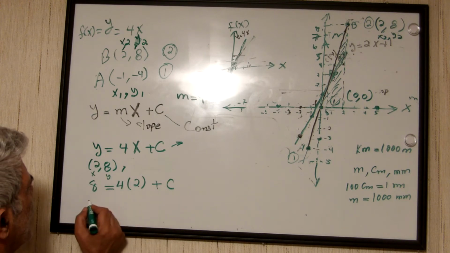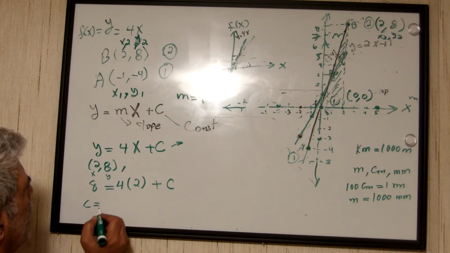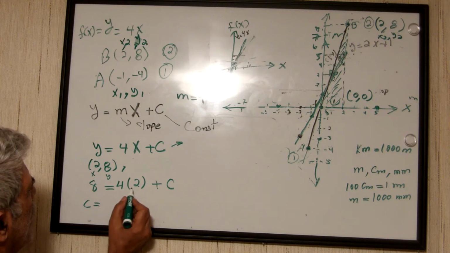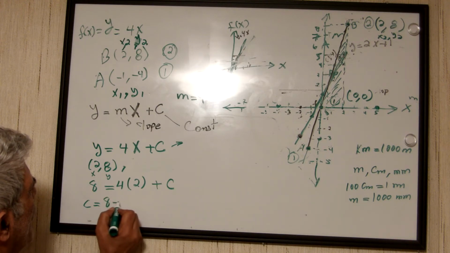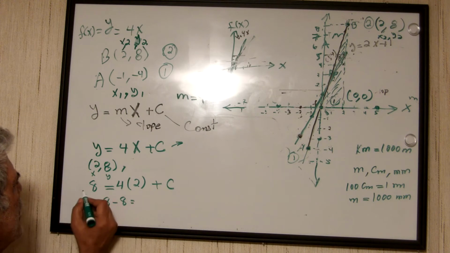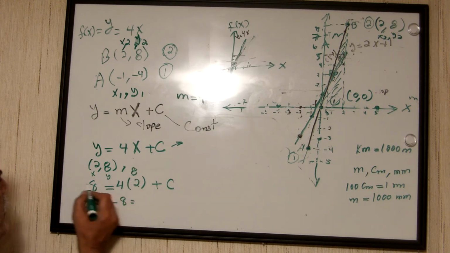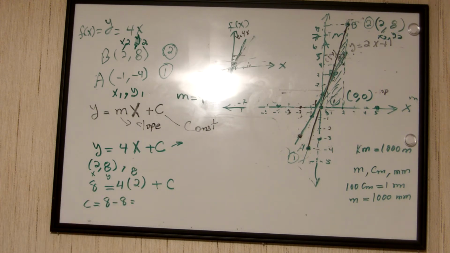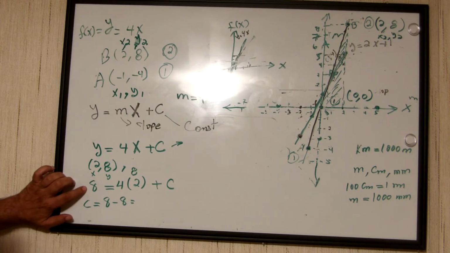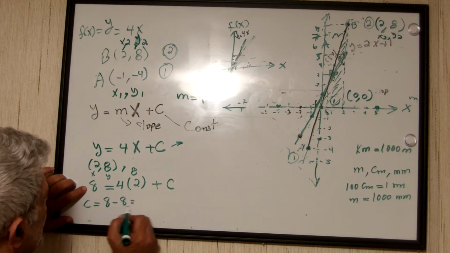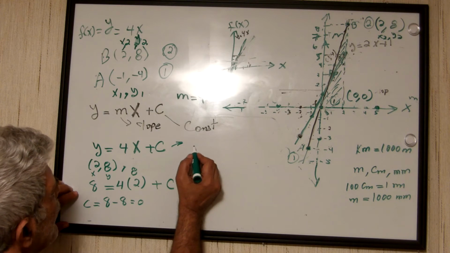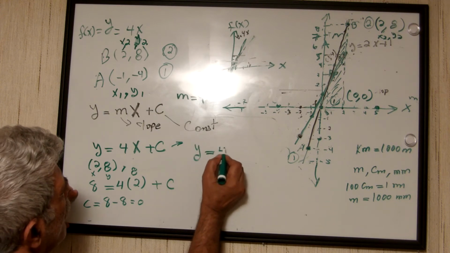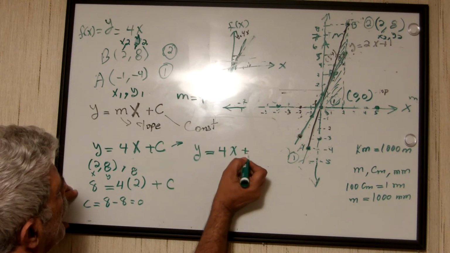So we are going to find c. c is going to be equal to 8 minus 8, which is 0. So actually the equation we find is 4x plus 0.